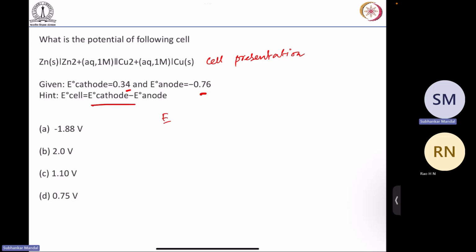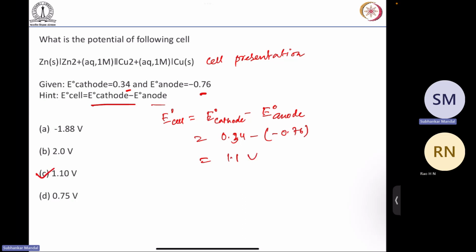Which one will be the answer? E cell is equal to E cathode minus E naught anode. It is given here. So you can put the values 0.34 minus, 1.1 minus 0.76. So 1.1 volt means answer C.